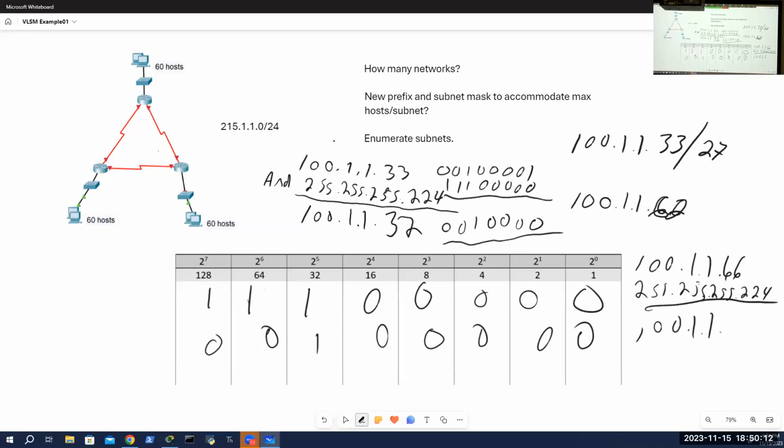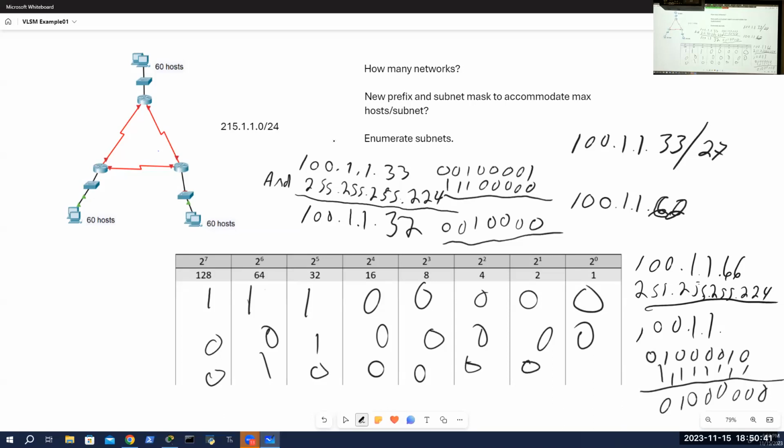And then if you binary AND 66 with 224, you end up with 0 1 0 0 0 0 0 0. That's 64.